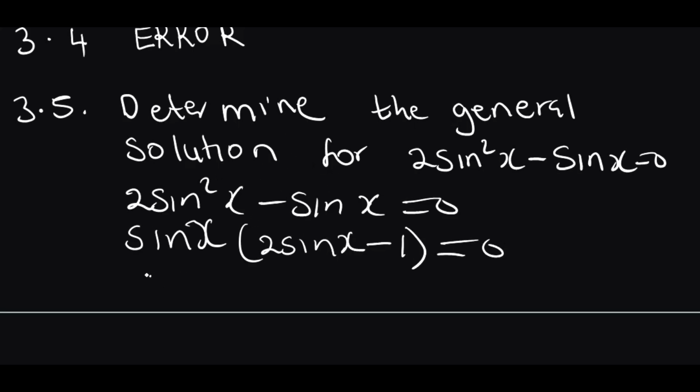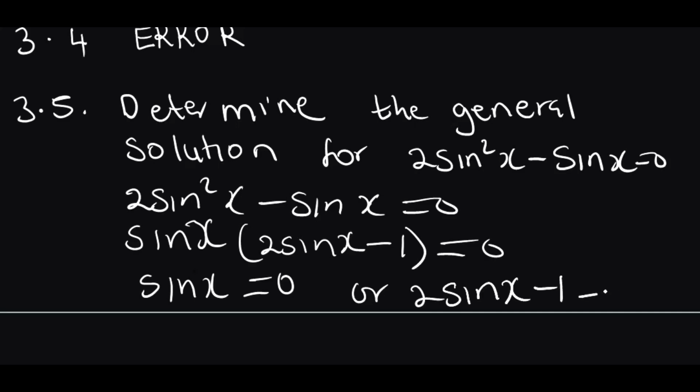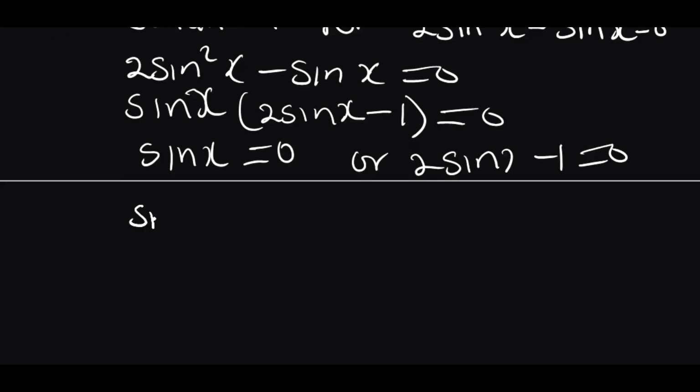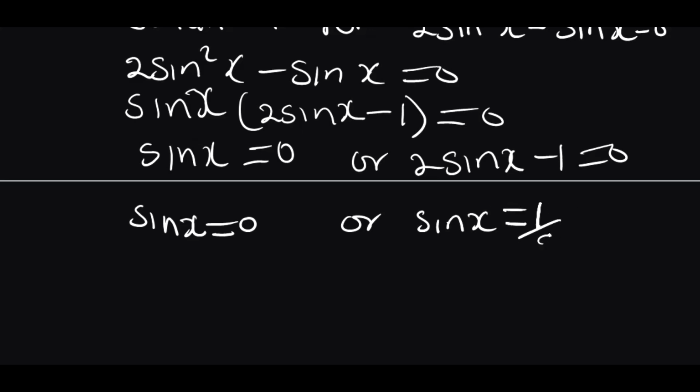Then sine x is equal to 0, or 2 sine x minus 1 is equal to 0. Let me bring down this: sine x is equal to 0, or sine x is equal to 1 over 2.